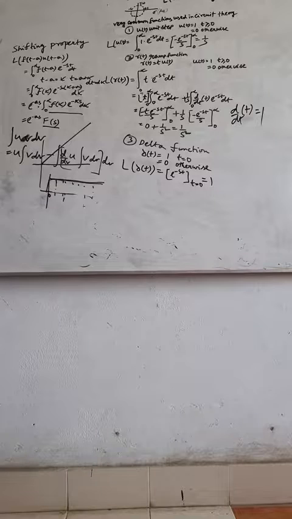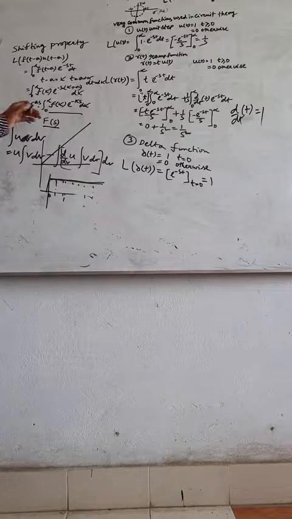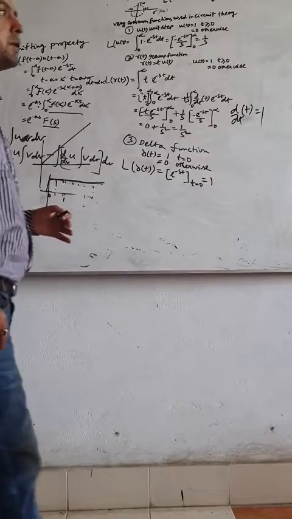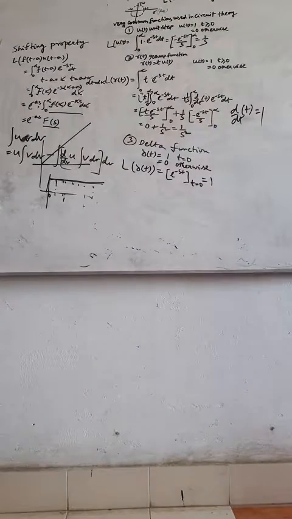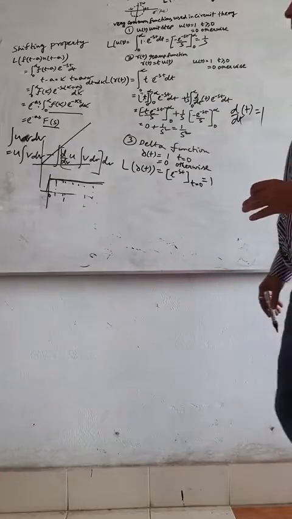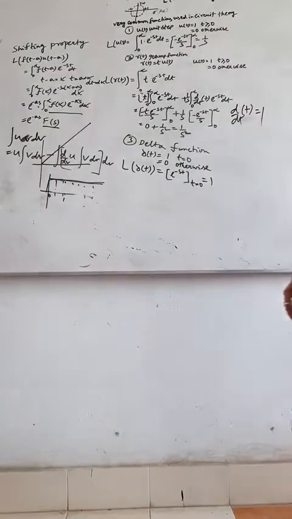So if time is shifted by a magnitude a, then at the output of the Laplace transformation your signal will be multiplied by e to the power minus as. You will use this property in circuit theory when we find current or voltage using circuit theory related Laplace transformation.